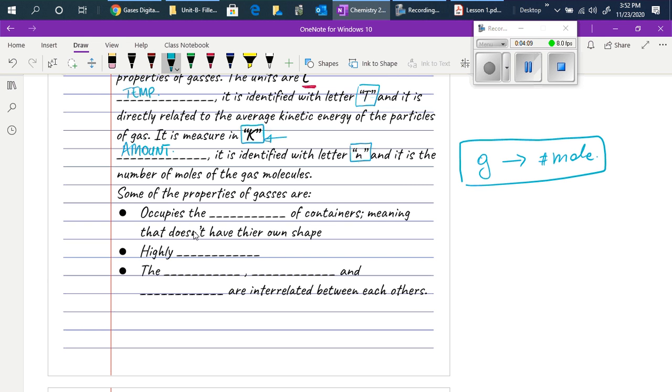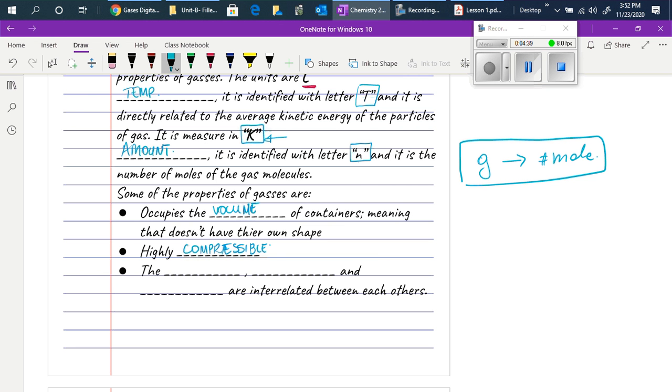Now, the properties of gas that we have to keep in mind is that it occupies the volume of the container that it is in. We mentioned it, the volume of the container that it is in. So it doesn't have its own shape. Gases are highly compressible, so we can apply a high pressure.